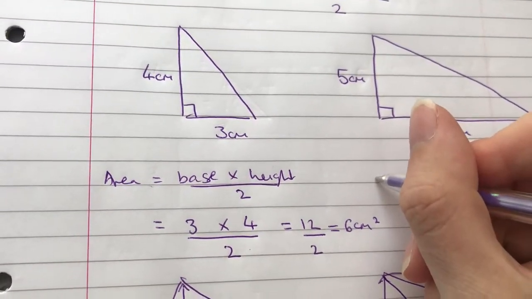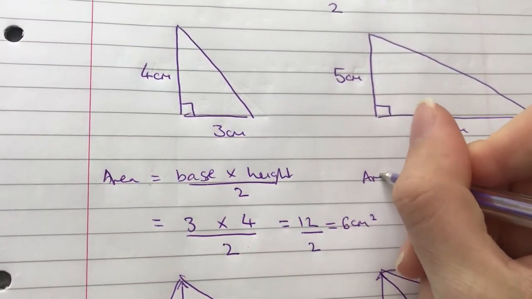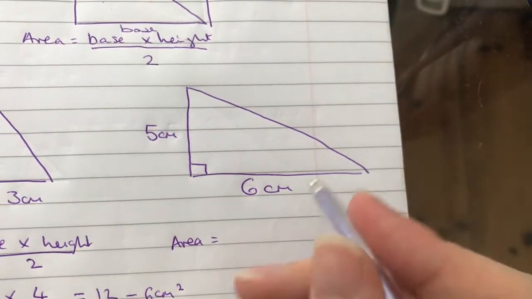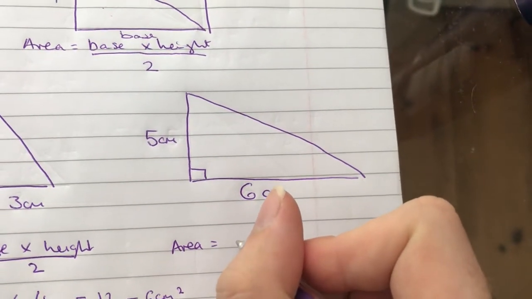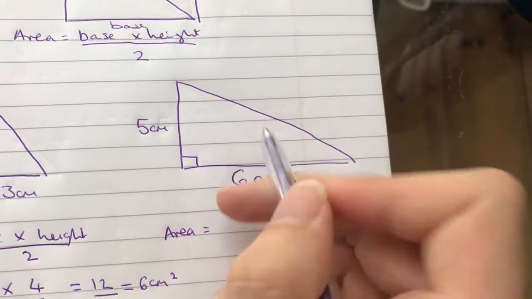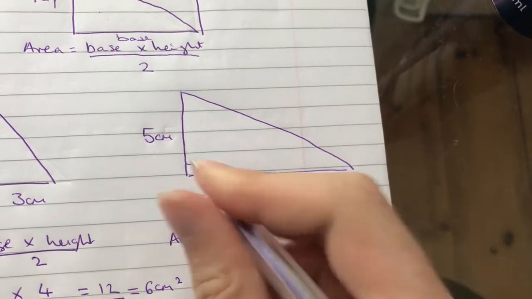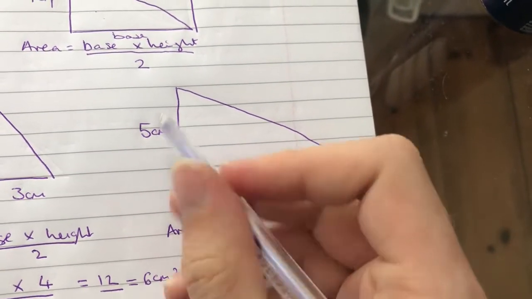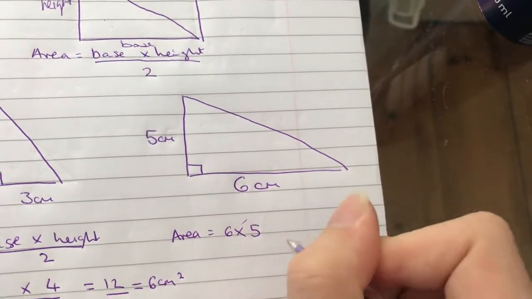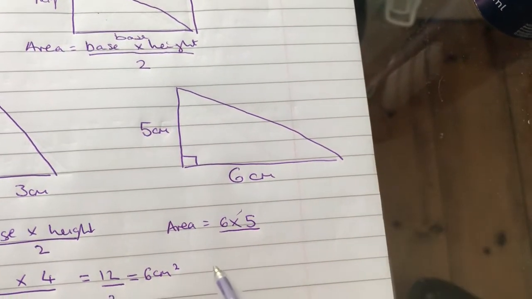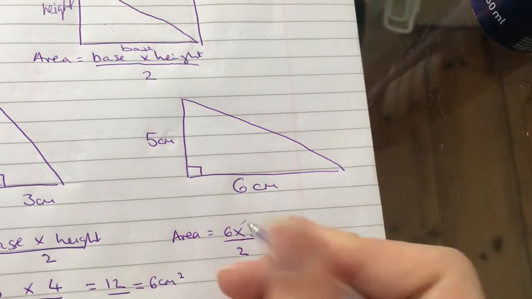Okay, next one, area equals what is our base and what is our height. So it's base times height over 2. I won't write this out again. So base is 6 multiplied by height is 5 divided by, hope you got it, 2.